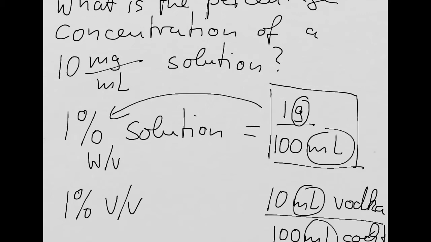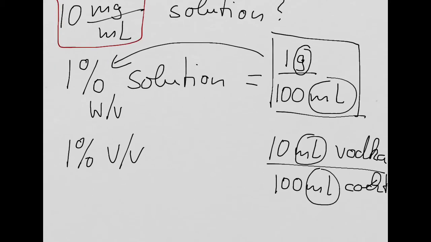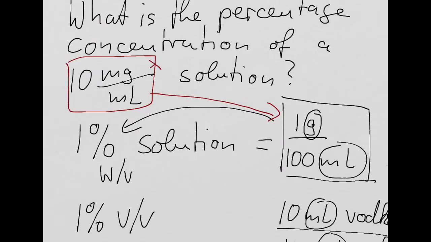Now, our starting solution is 10 milligram per milliliter. How do we get this into this format, into this per 100 milliliter? Well, we just simply multiply the top and the bottom by 100. And why does that help us?